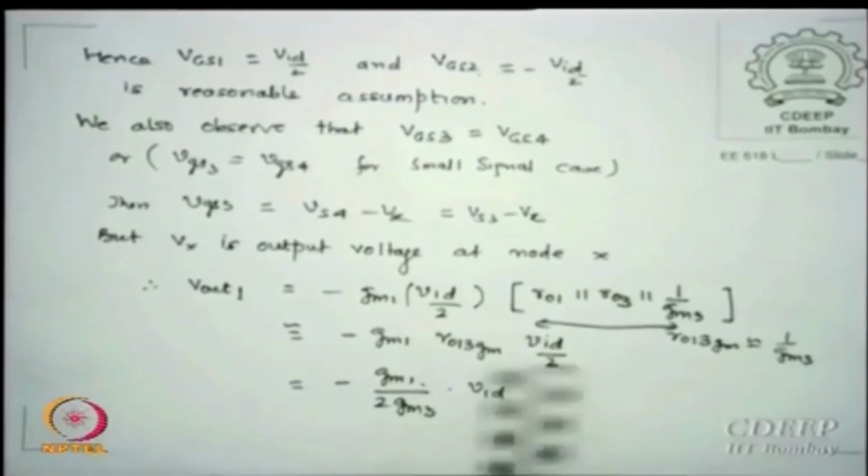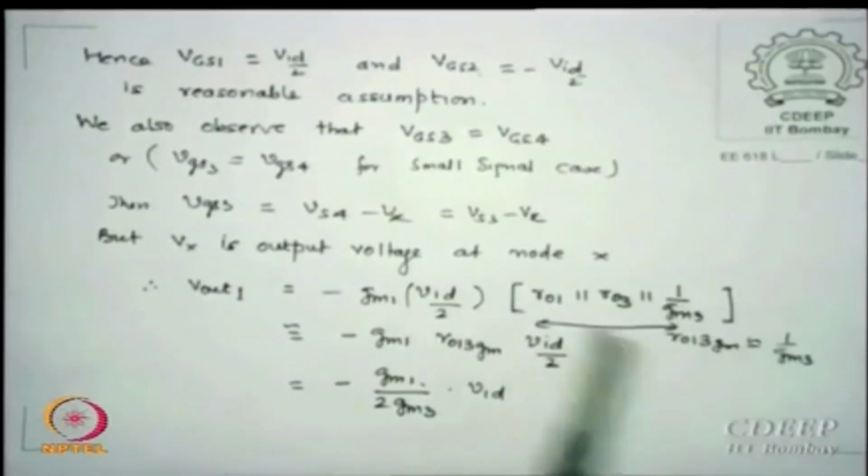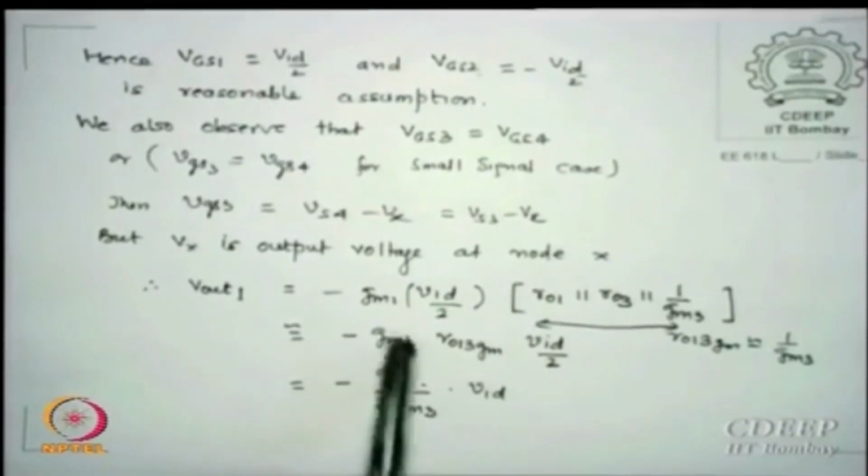So for the sake of simplicity and generality, I just put RO1 RO3 and 1 upon GM3 as the output resistance, and then GM1 times this.